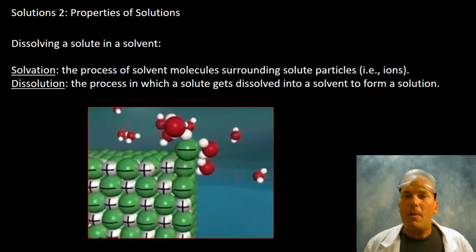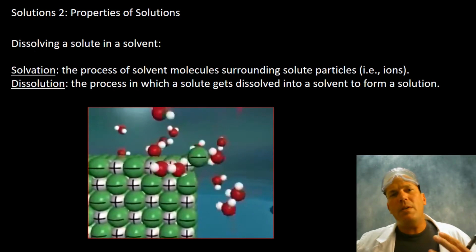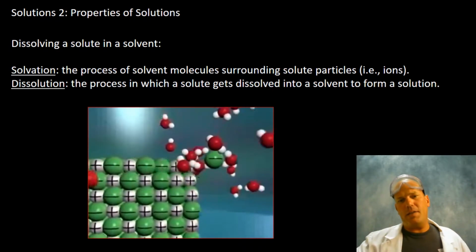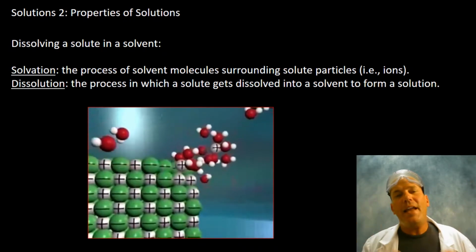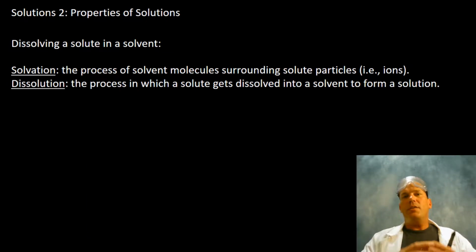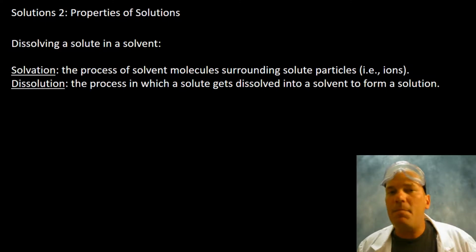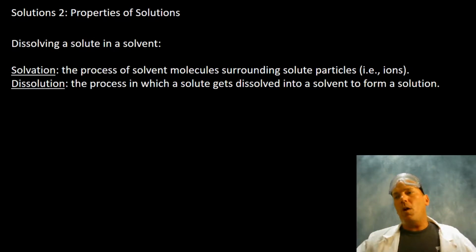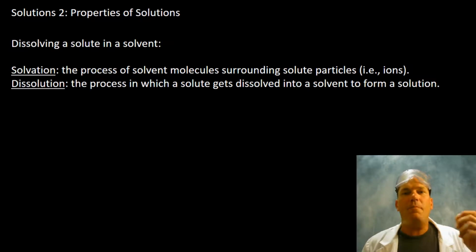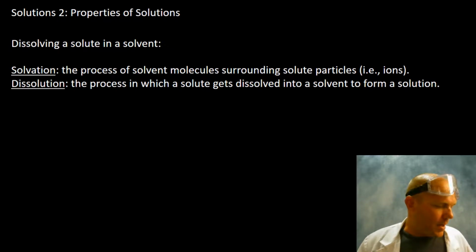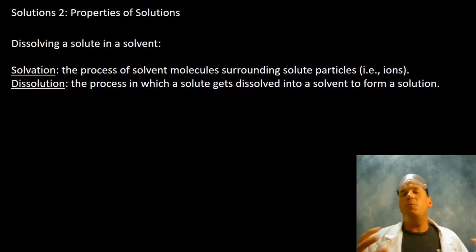That's an endothermic process. But the same is true with the hydrogen bonds among water. So those, in this example, water being our solvent, those bonds must also be broken. And so what happens is we have a step where the lattice structure is broken. We have a step where the water, or in this case any solvent, is broken. And then we have the final step of solvation, where these ion dipole attractions, these bonds, if you will, form.